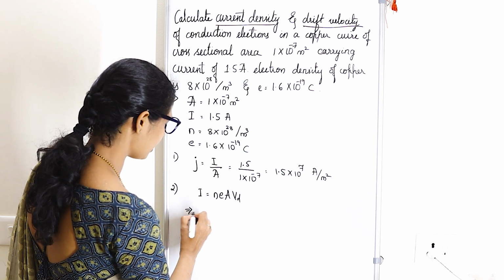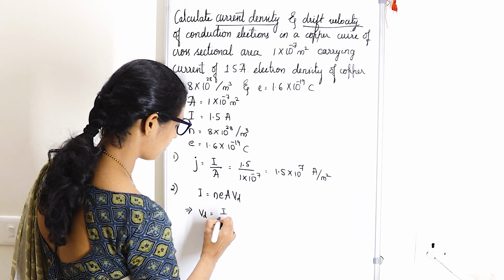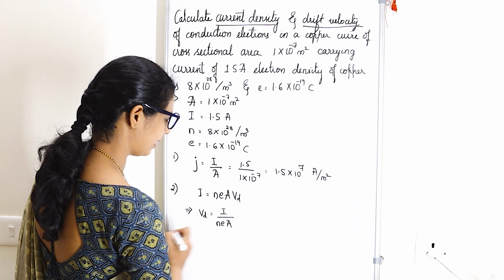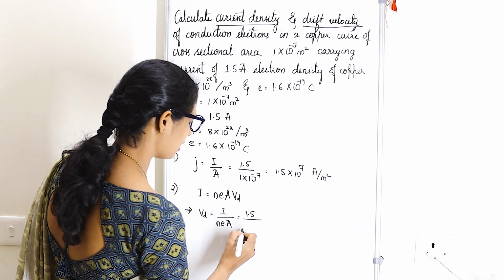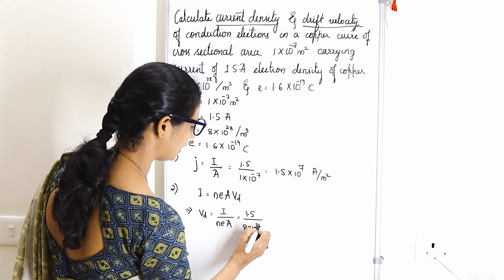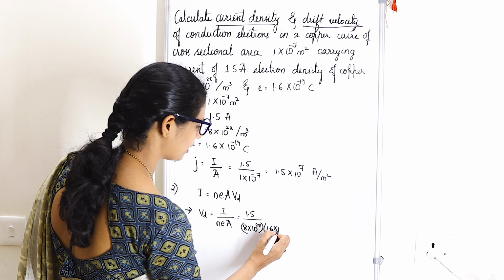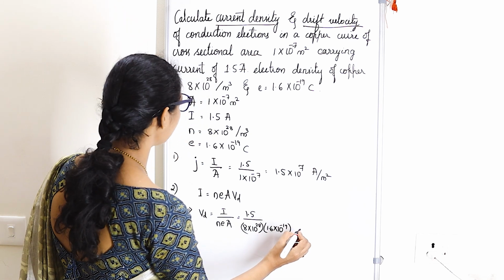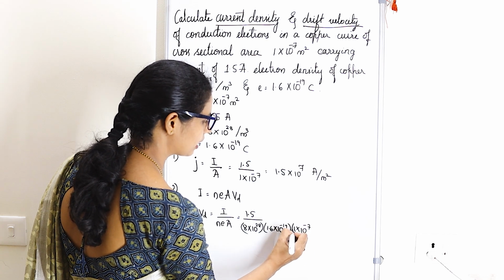So rearrange the equation, that is drift velocity equals to current divided by number density, charge of an electron, and area. So what is current? Current is 1.5 divided by number density is 8 into 10 to the power of 28. Charge of an electron is 1.6 into 10 to the power of minus 19. And then there is area. Area is 1 into 10 to the power of minus 7.